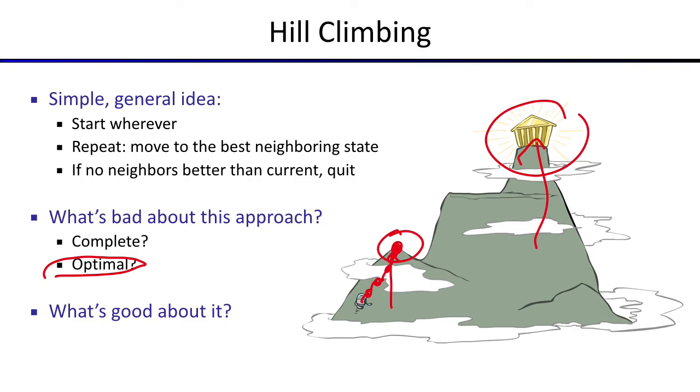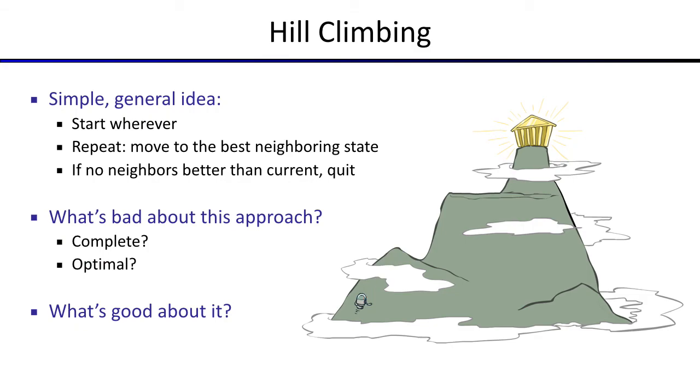I see some shaking heads. Here's my hint about this. We just saw an example where it was not complete. And the reason, in this more abstract view, imagine if our robot started right here and ended up going up to this point.